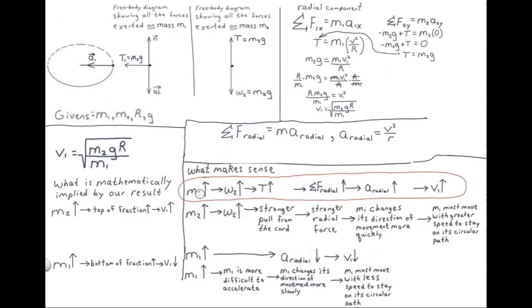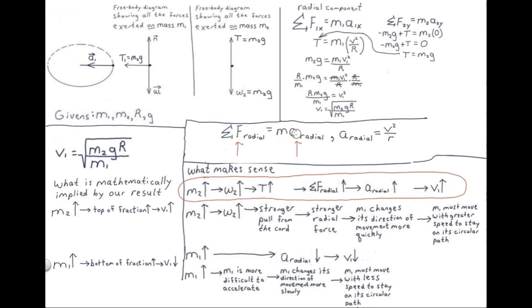Suppose we increase m2 while holding the other givens constant. Increasing the mass of object 2 will increase the weight of object 2. Increasing the weight of object 2 will increase the tension in the rope, because the tension force has to cancel out the weight of object 2. Remember that the tension force has the same magnitude at both ends of the rope, so increasing the tension force on object 2 will also increase the tension force on object 1, and the greater tension force on object 1 will provide a greater radial force on object 1.